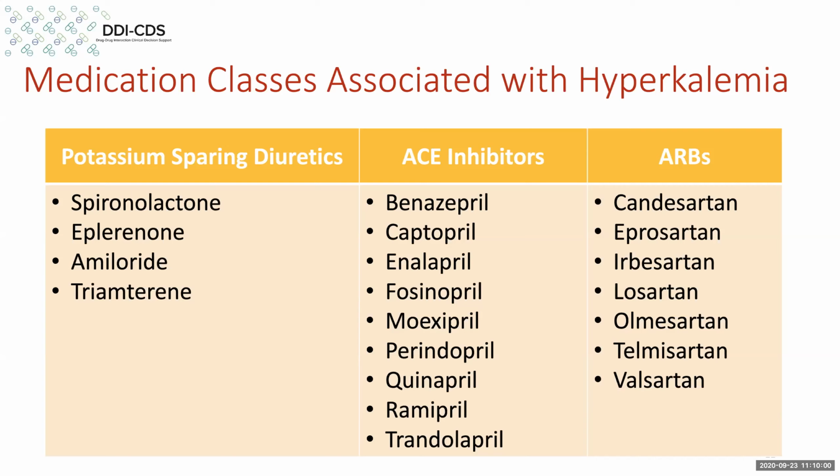For the ACEs and the ARBs, given again alone, you see somewhere in the 0.1 to maybe 0.4 millimole per liter increase. So taken by themselves, these compounds can increase serum potassium, but usually not to the point where patients can develop hyperkalemia and therefore have some adverse outcomes. Let's go to the next slide.